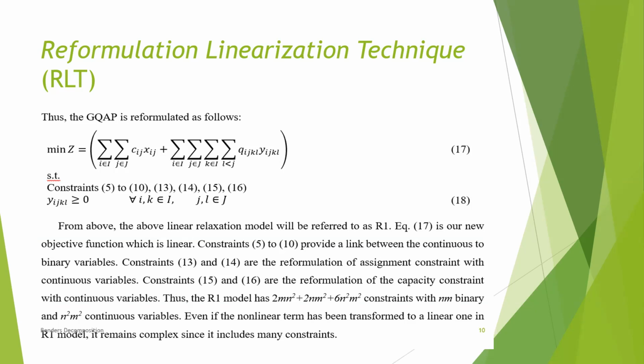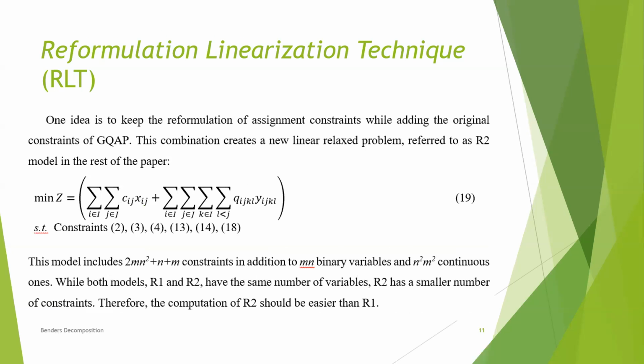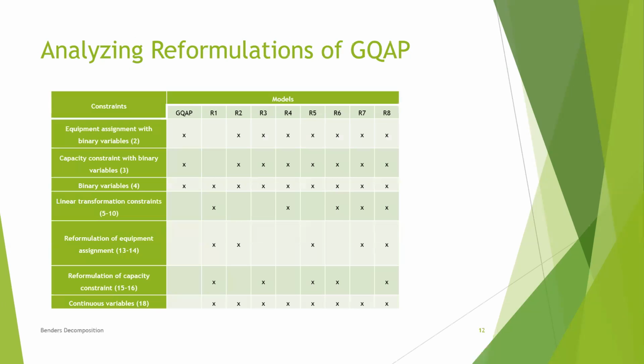Therefore, we can define different reformulations based on these new constraints. One idea is to keep only the constraints 13 and 14, and define it as model R2. So in addition to model R1 and model R2, we can define other reformulations.